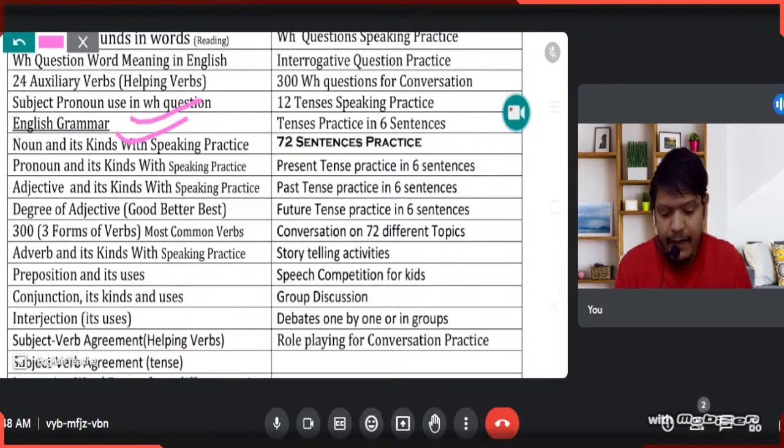And then pronoun understanding, very important. What is a pronoun? Personal pronouns: I, me, my, mine, myself, which have to be followed. Different kinds of pronoun are there. Then the 8 parts of speech: all English words are categorized into 8 parts of speech.